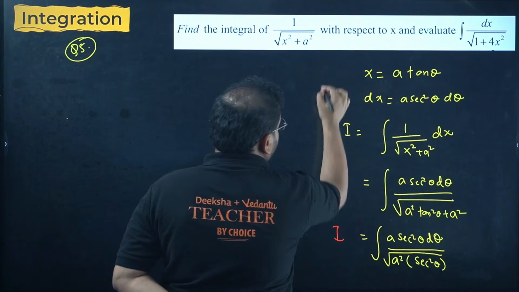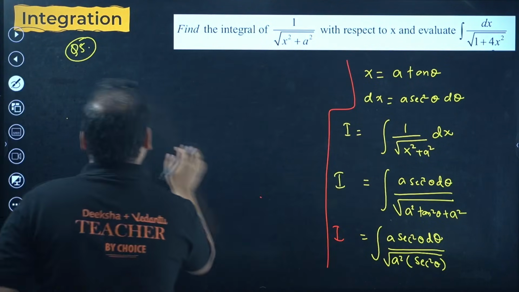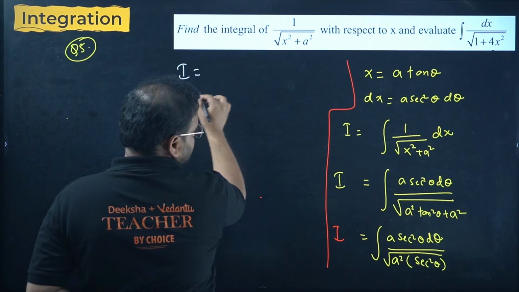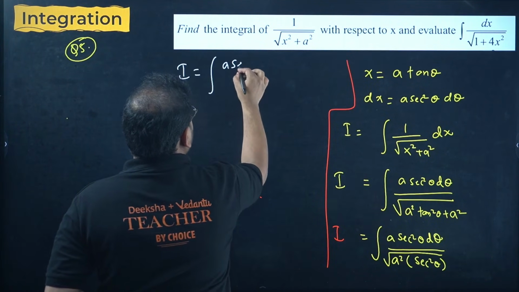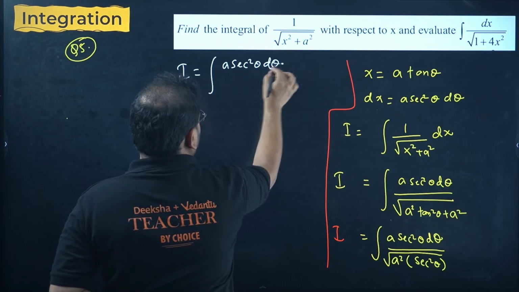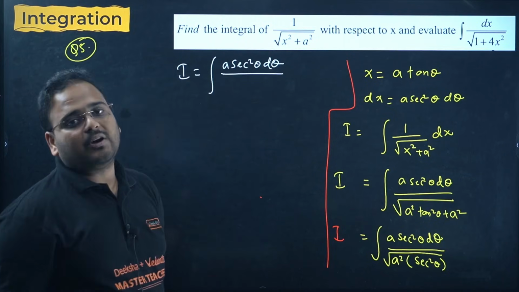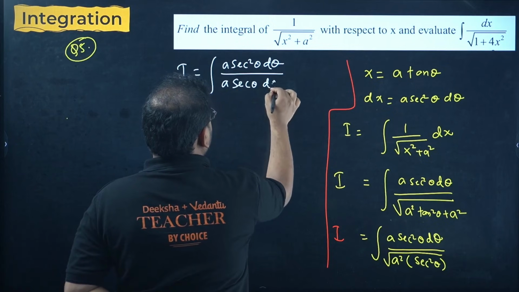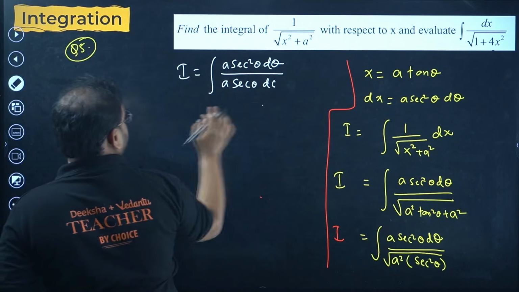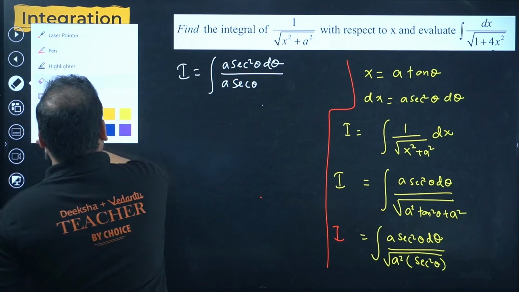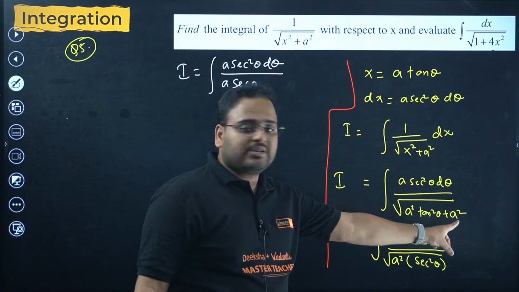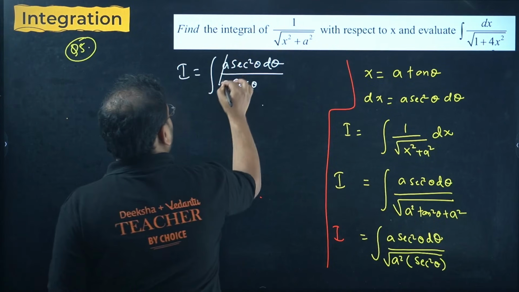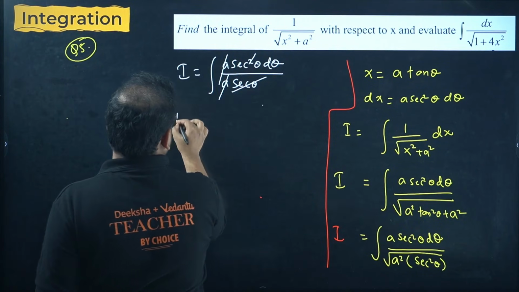This is I. Have a look. So the answer is coming out to be integration of a secant square theta d theta in the numerator, and the denominator is a secant theta. How come, sir? a tan square plus a square is there, you can take a square common, it becomes tan square plus 1, that is secant square, and a cancels, secant also cancels.